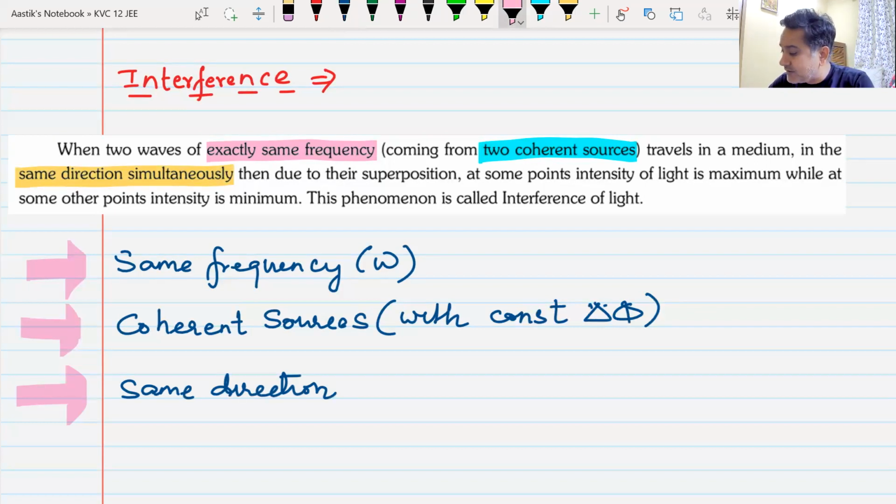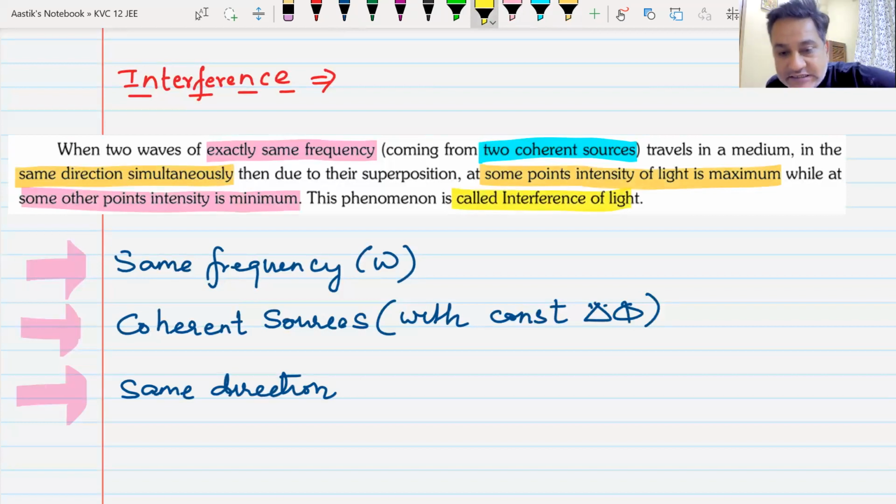at some points the intensity of light is maximum, while at some points it is minimum. This phenomenon is known as interference of light, or for that matter, sound.